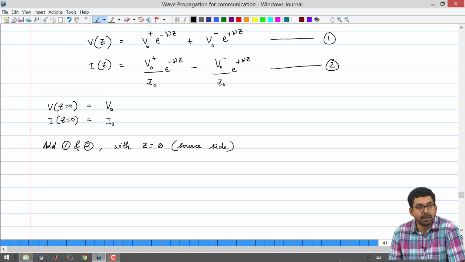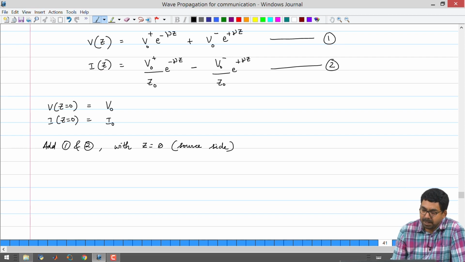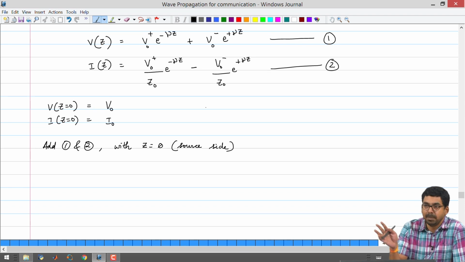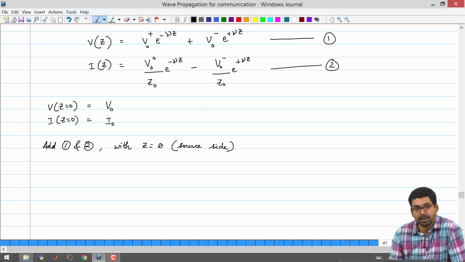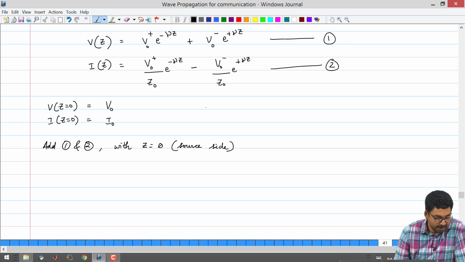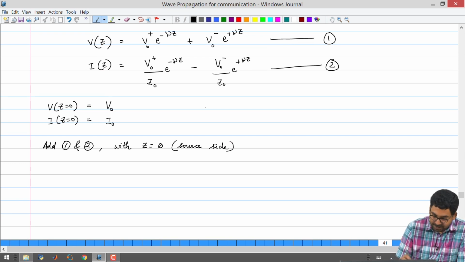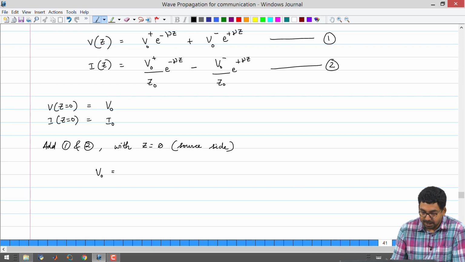How can you add voltage and current? Simple answer to that is I will be bringing the denominator Z naught to the left hand side, then they become dimensionally consistent and you can add the two equations. So, I am adding equations 1 and 2, but I am not adding voltage and current. I am just bringing the impedance from the denominator to the numerator, making it dimensionally consistent, and then I am adding. So, this means that I will be having V naught, V at z equal to 0.